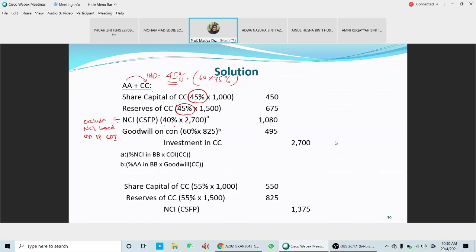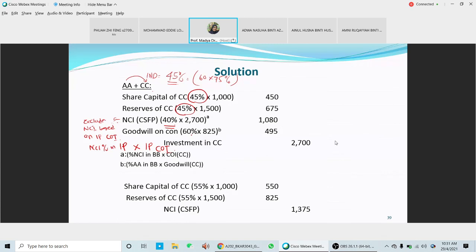So the NCI portion here is 40%, so 40% times 2.7. The 40% here is the share in the immediate parent. So how do we find this one? NCI percentage in the immediate parent times the immediate parent COI. The immediate parent COI here is 2.7, so we're going to have 1080.